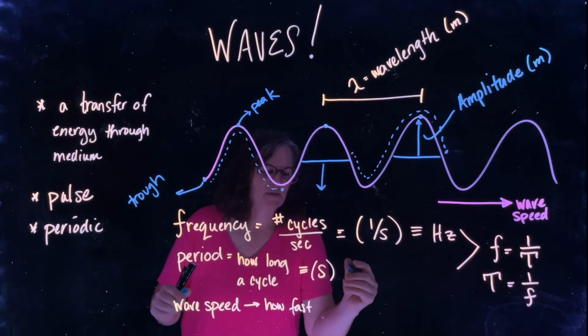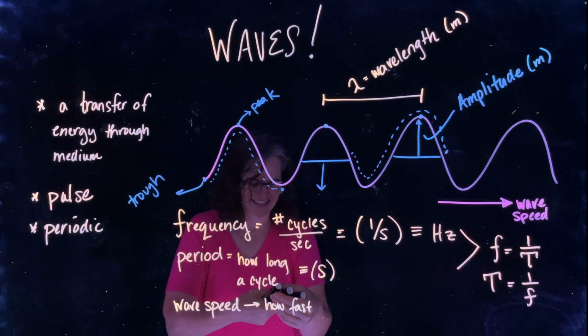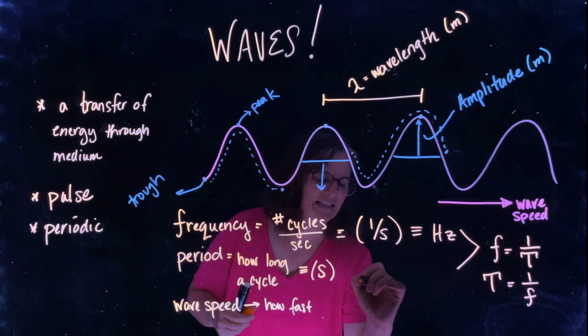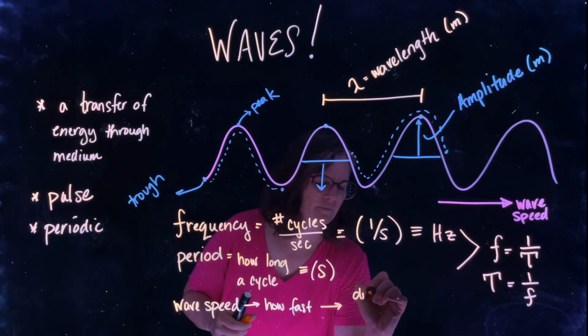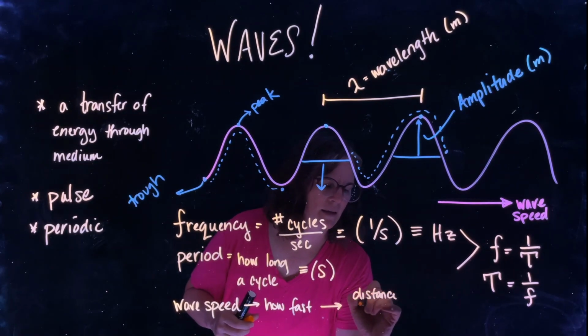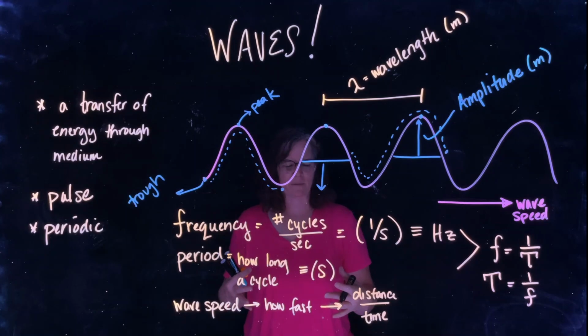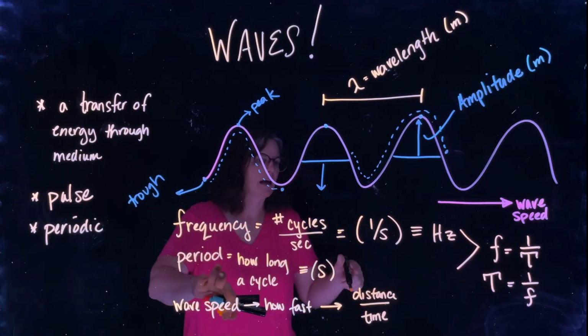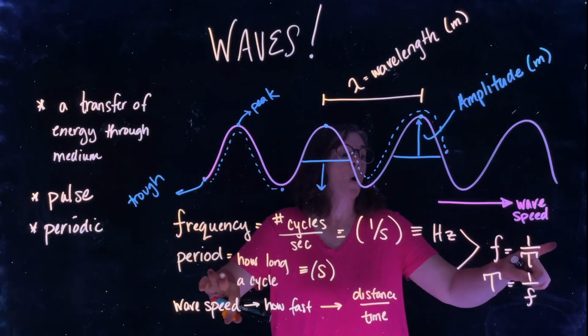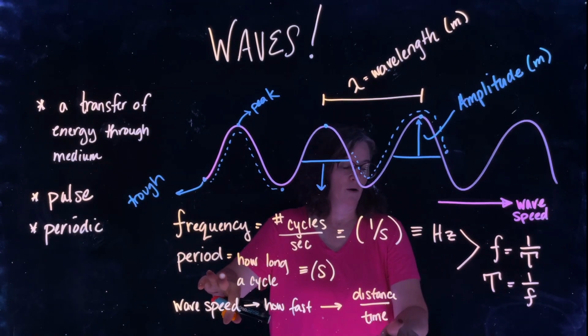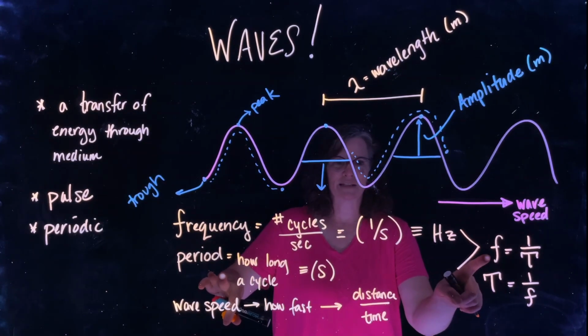Now, I'm going to be a little bit careful with us. So distance per time we know is equal to speed. And I said the time is the period, but keep in mind 1 over the period is the frequency.